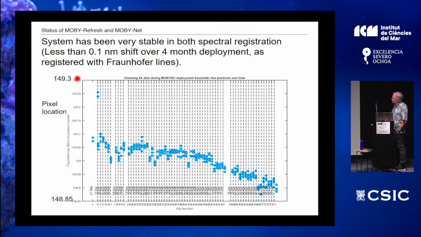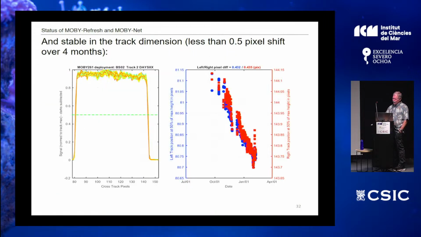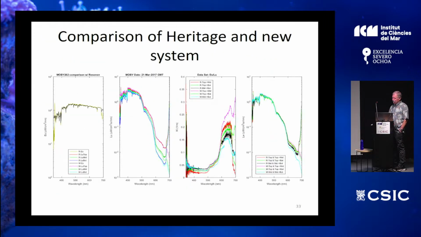Basically, this is 149.3 pixels versus 148, and you can see that it did vary slightly over 4 months, but it was relatively stable within half a pixel, which is on the order of 1/10 of a nanometer. So the instrument is extremely stable. It's working out really well.